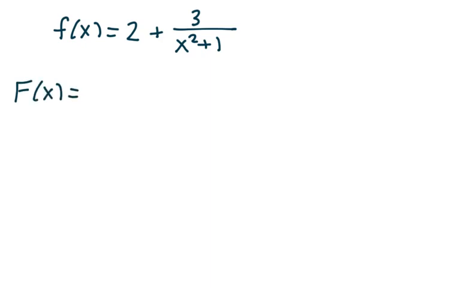We end up with f of x is equal to 2 plus 3 divided by x squared plus 1. And the more often that you do these type of problems, the more comfortable you'll get with them. And so capital F of x is equal to 2x plus 3 times the arctangent of x plus c.